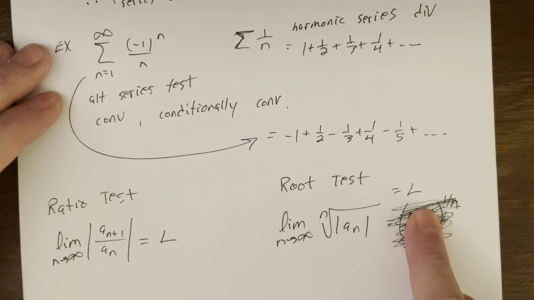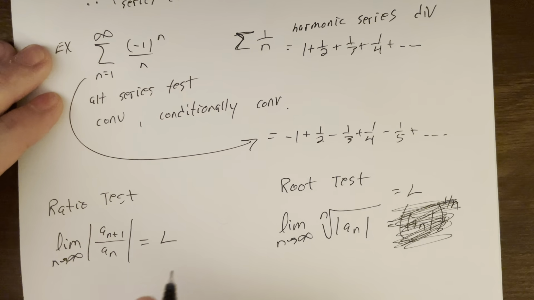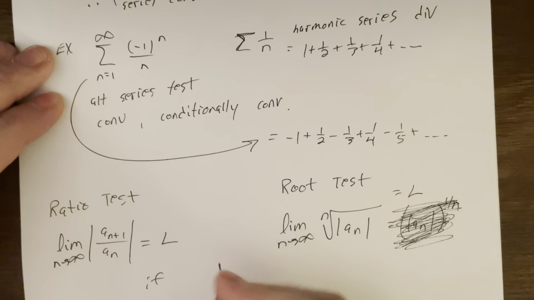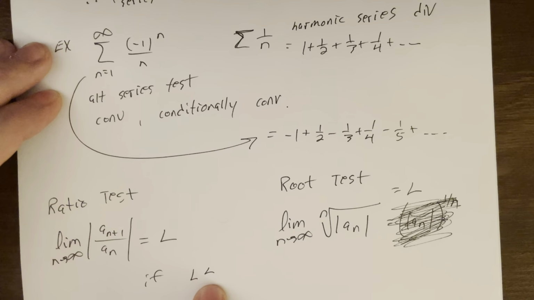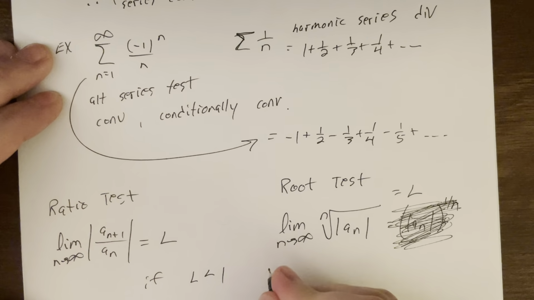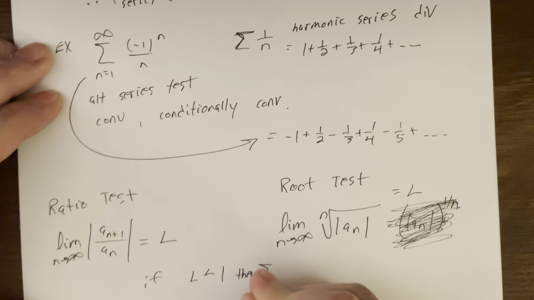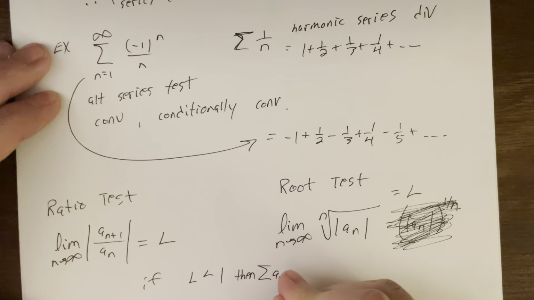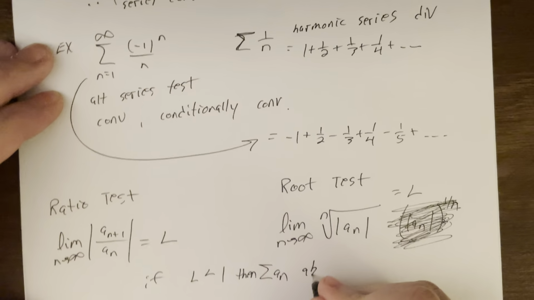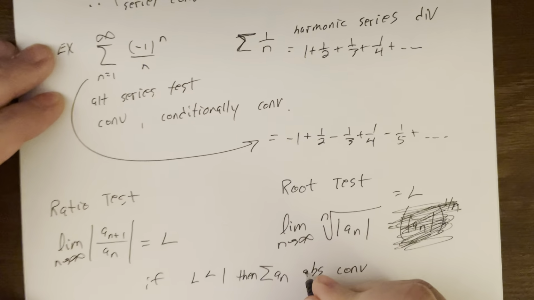Either way, we get some limit value L, and now here's how we make our conclusions. Either one of these, if the L that we get is less than 1, then the series a sub n, specifically we would get absolutely converges.